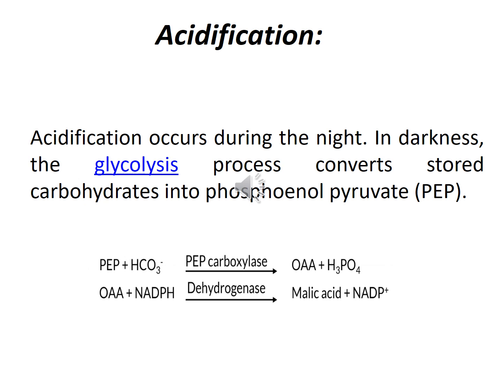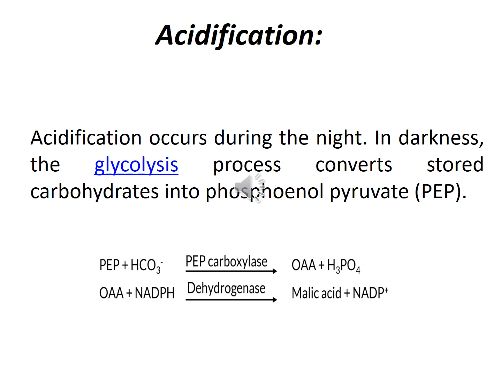In darkness, the glycolysis process converts stored carbohydrates into phosphoenol pyruvate. As the stomata of CAM plants remain open during the night, atmospheric carbon dioxide diffuses into the leaves. CAM plants fix the carbon dioxide using phosphoenol pyruvate. Phosphoenol pyruvate gets carboxylated and oxaloacetic acid is produced.